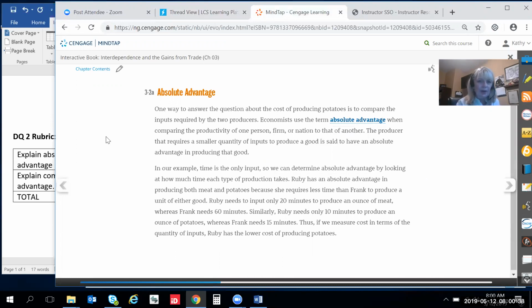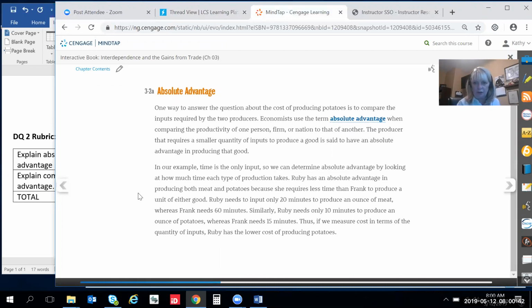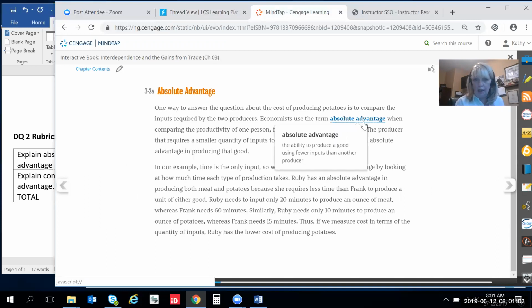Oh, no. You should read this entire section and read it very carefully to make sure that you understand what's going on. In fact, I would recommend that you read the entire textbook and use all the interactive features that are available there to be sure that you get all the value that's available to you. So absolute advantage, the ability to produce a good using fewer inputs than another producer.